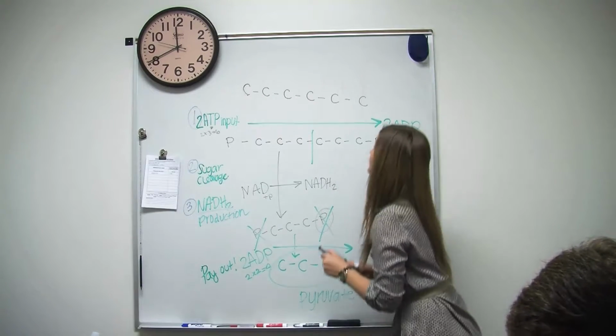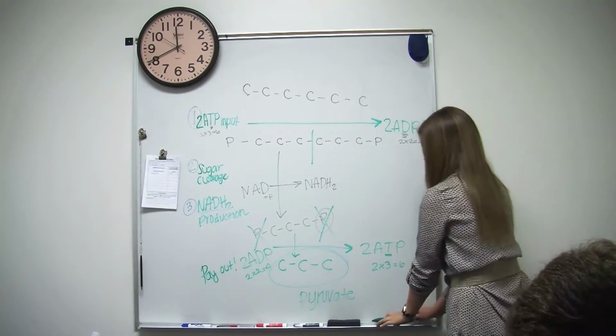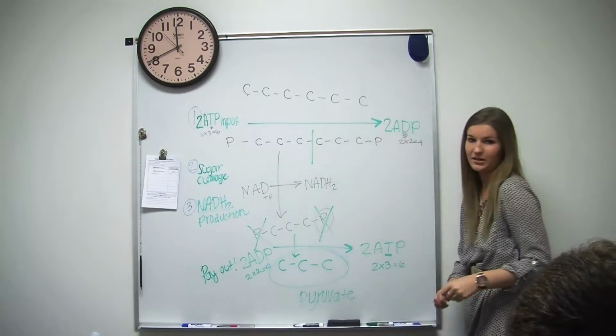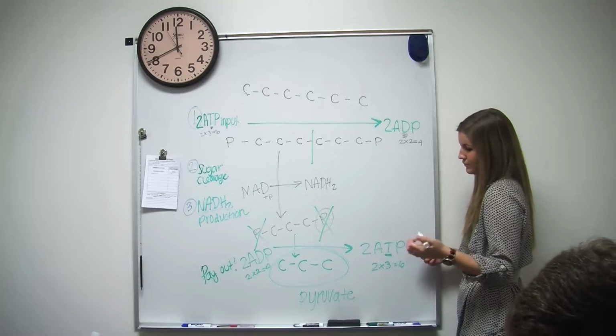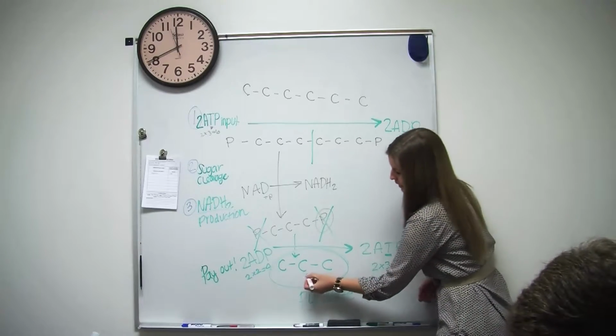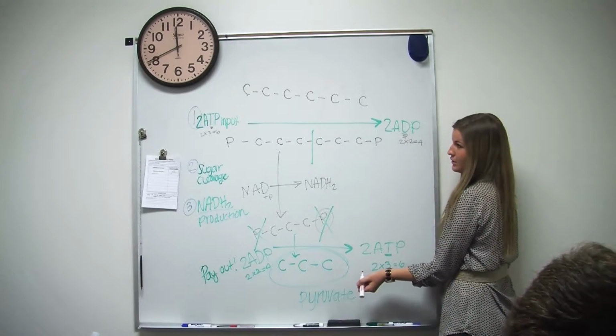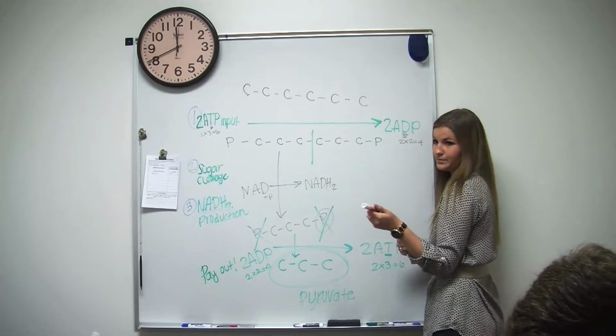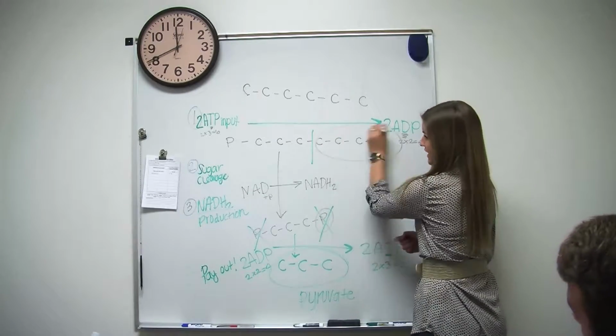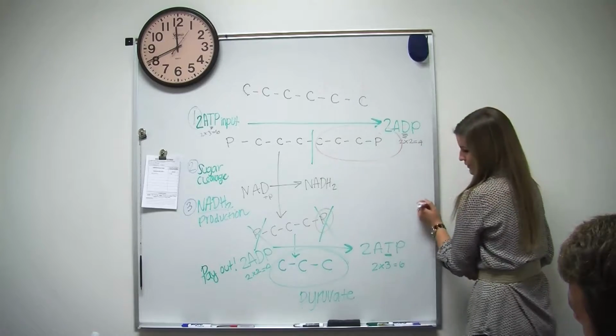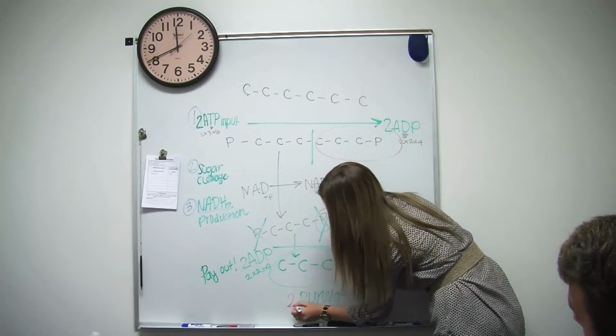Okay? So now we'll circle everything that we get from glycolysis. We get pyruvate, right? How many? Do we just get 1? 2. And how do we get 2? Because there's the other molecule. Yep. We have this entire one that we didn't draw out. So we're going to have 2 pyruvate.